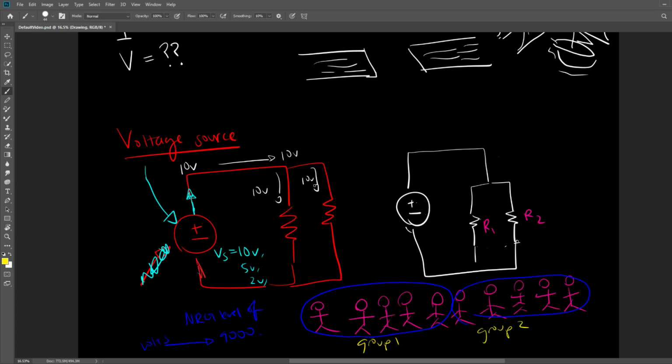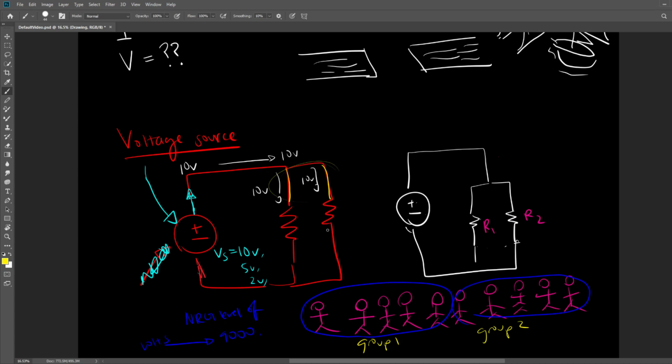No. So if we apply this analogy to our circuit, if we have a bunch of electrons flowing here, and a bunch of electrons flowing here, the energy level does not change in this part.